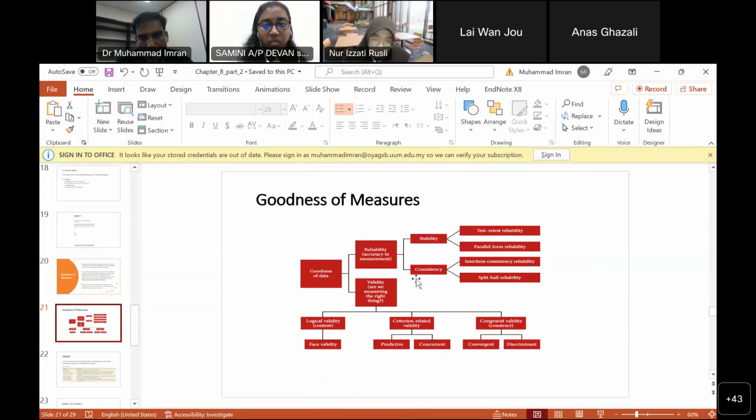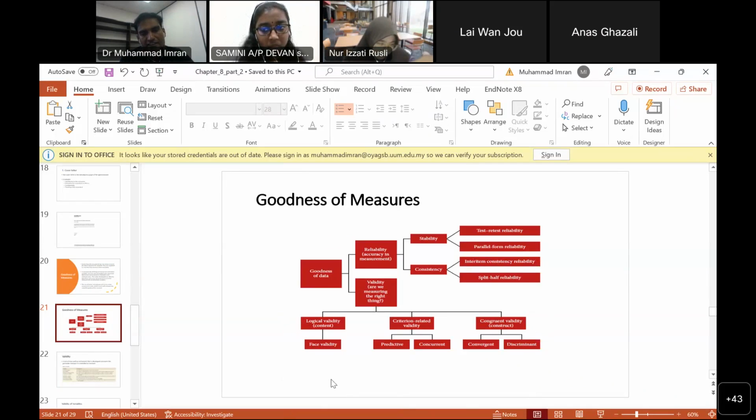Then stability and consistency. Further, test-retest reliability, parallel form reliability, inter-item consistency reliability, split-half reliability. And the validity: are we measuring the right things? Logical validity, criterion validity, and congruent validity.